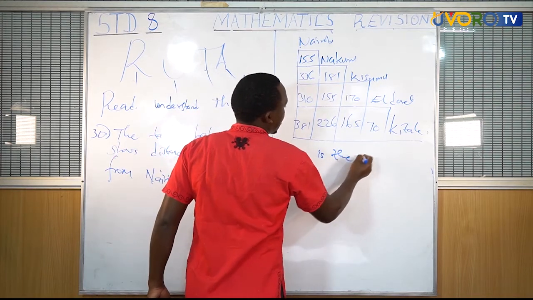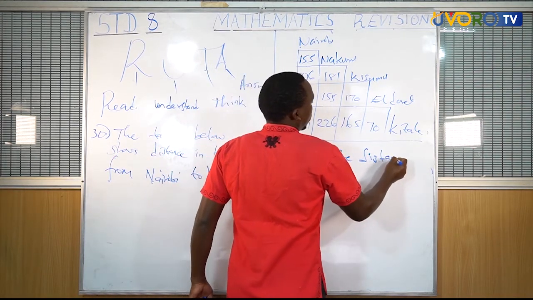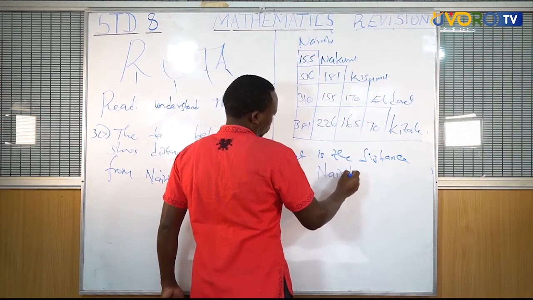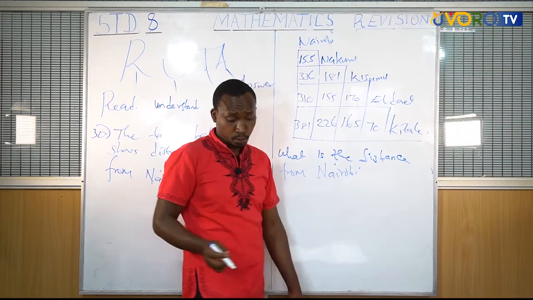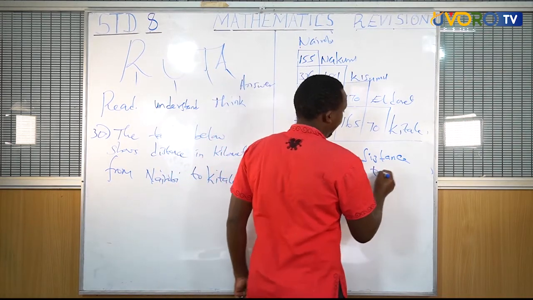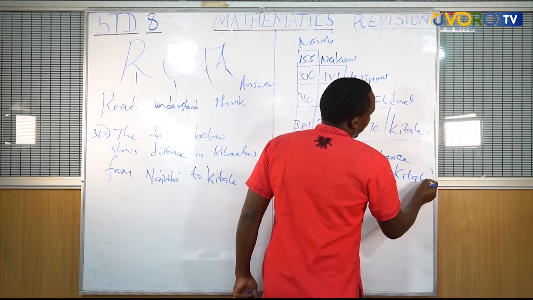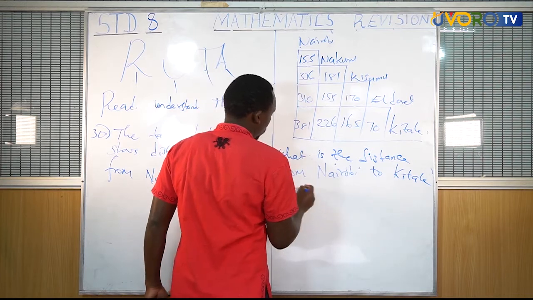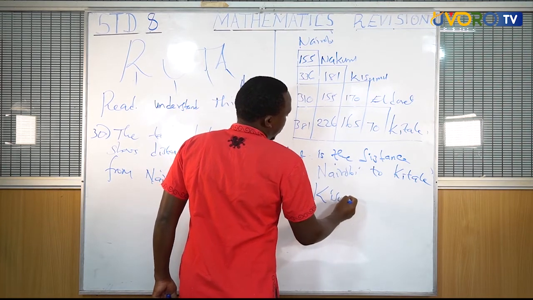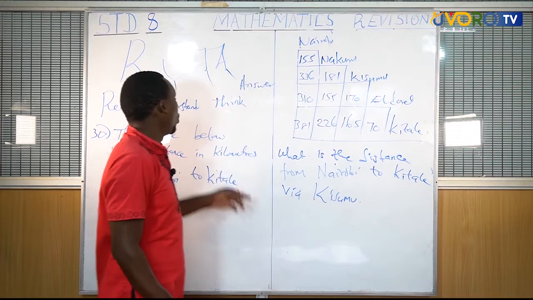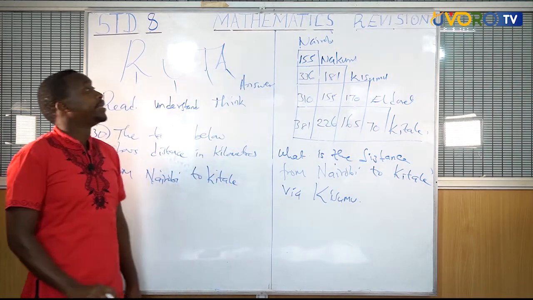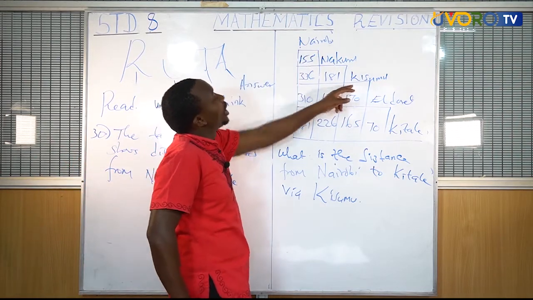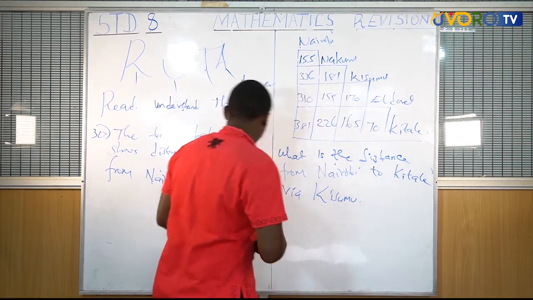Now, we are told, what is the distance from Nairobi to Kitale via Kisumu? Now, before we continue, we go to T for thinking. Before that, Nairobi to Kisumu via Nakuru.